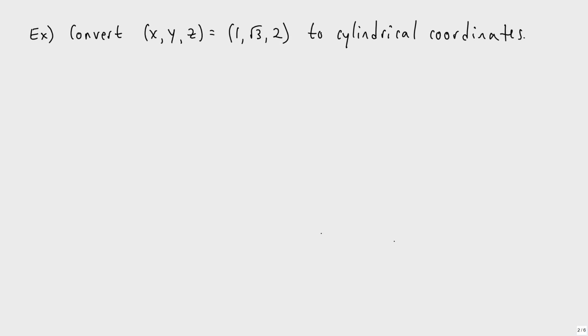Okay. What if I give you rectangular and we want to switch it to cylindrical? So this is an x, this is a y, this is a z. Now we want to switch it over. r squared is equal to x squared plus y squared.